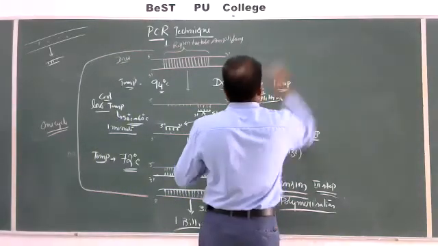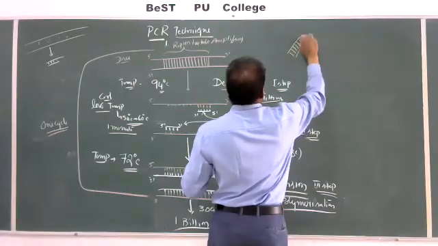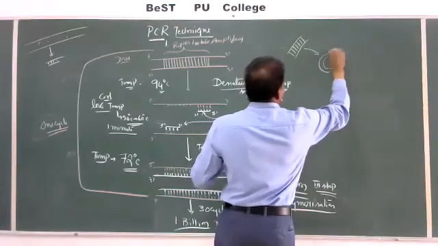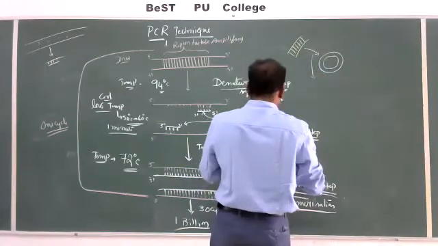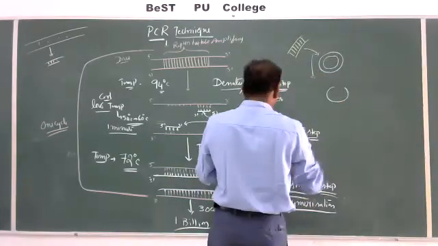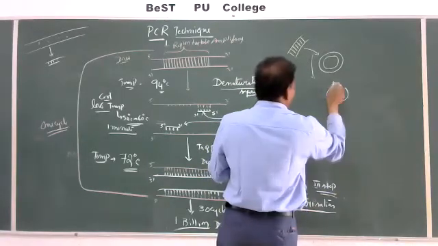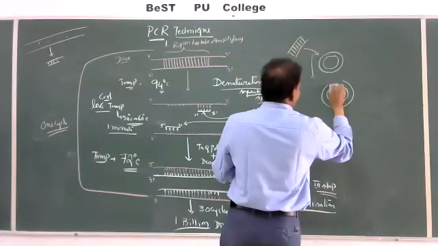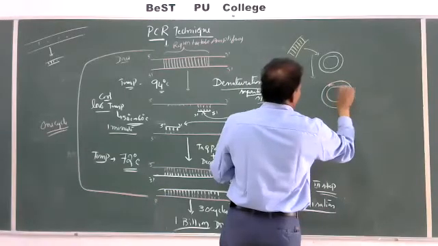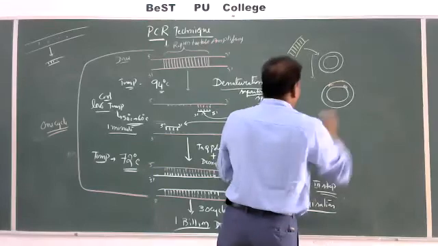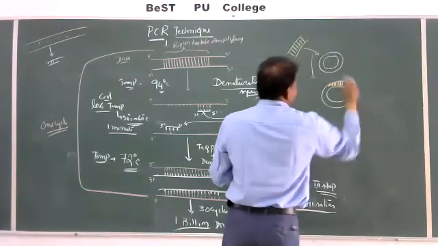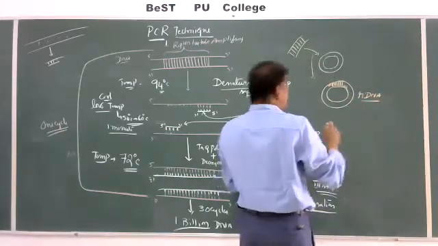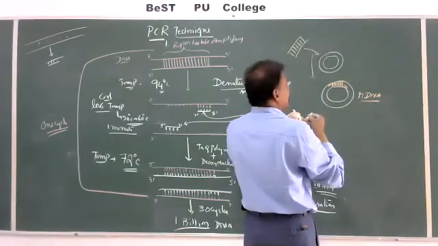Now, our gene of interest is ready. Gene of interest is incorporated into a vector, and finally we are able to get a recombinant rDNA, or here a rDNA is made up of two different genetic constitutions.